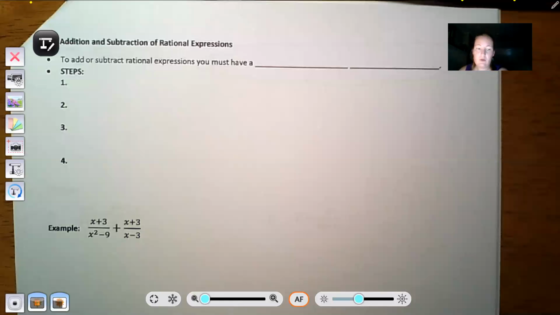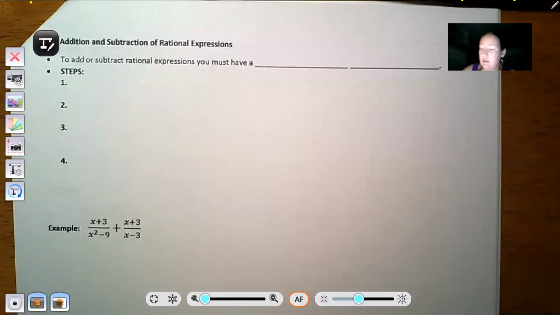So the steps to doing this is that one method is that you can factor the denominator so that you can see what is needed to get a common denominator. And you only need to worry about the denominator. In fact, only do the denominator, because if you do the numerator, you won't have like terms to combine.